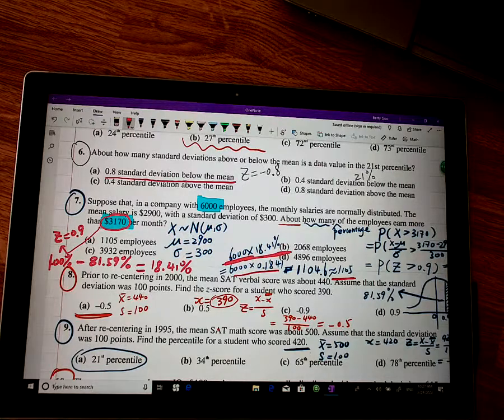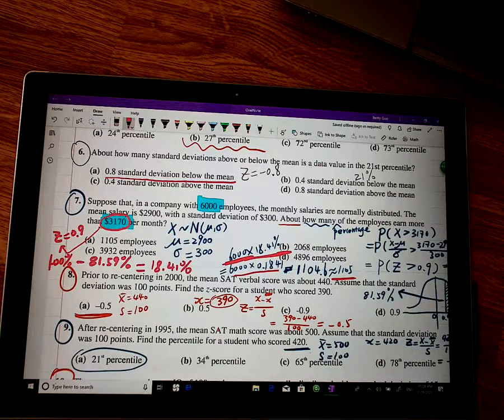We go ahead and standardize it to find its z-score. We use 3,170 minus the mean 2,900, all over the standard deviation 300. We get the z-score equals 0.9. By the table, the corresponding percentile of that data value is 81.59%.